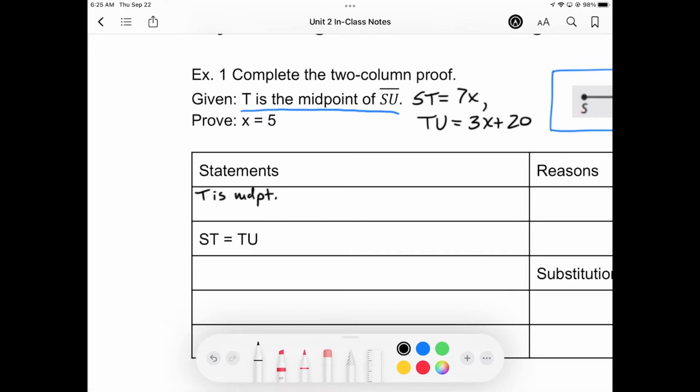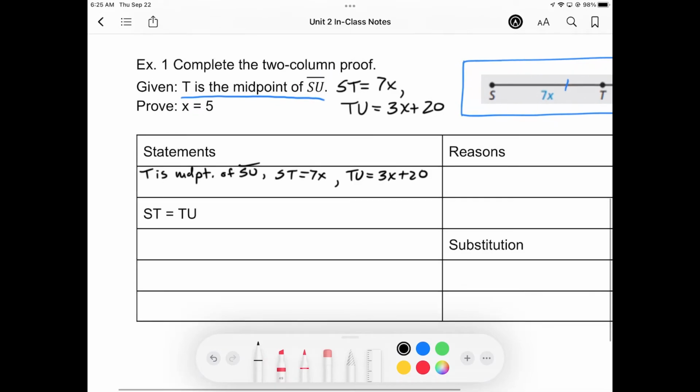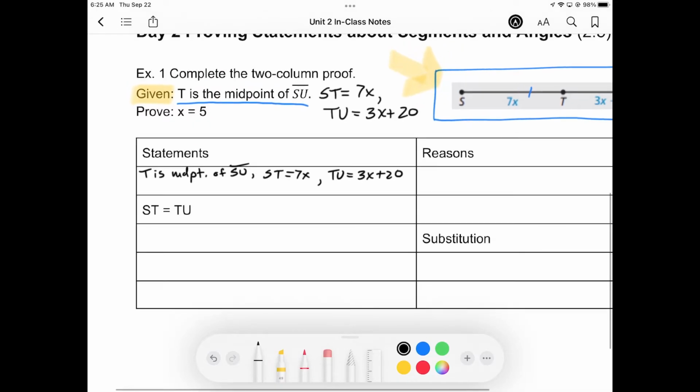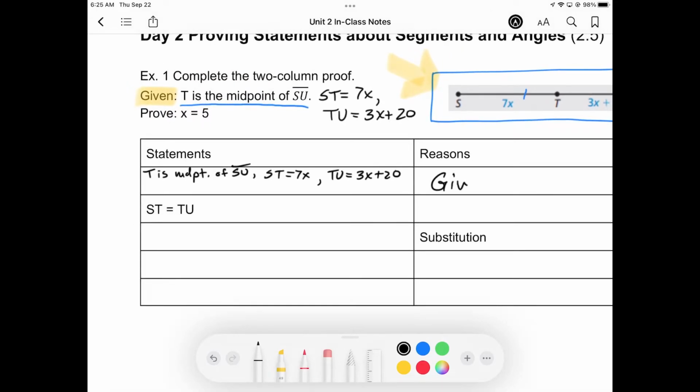T is the midpoint of SU, and ST equals 7x, and TU equals 3x plus 20. Okay, just copying down all the given information, either from the line given or from our picture. Okay, and that reason is just that it's given to me.